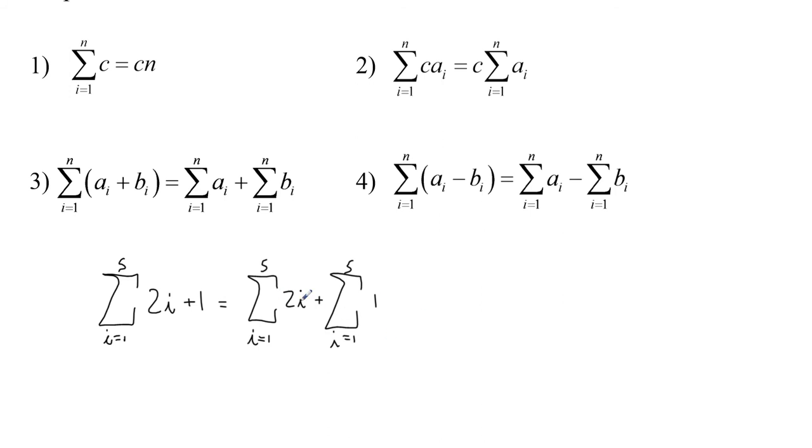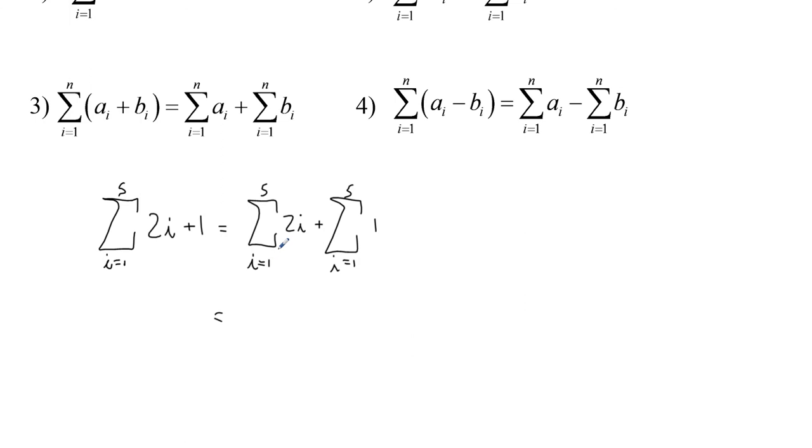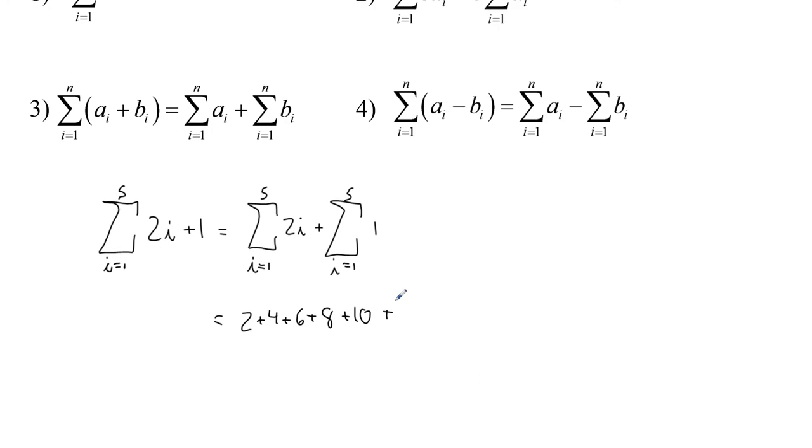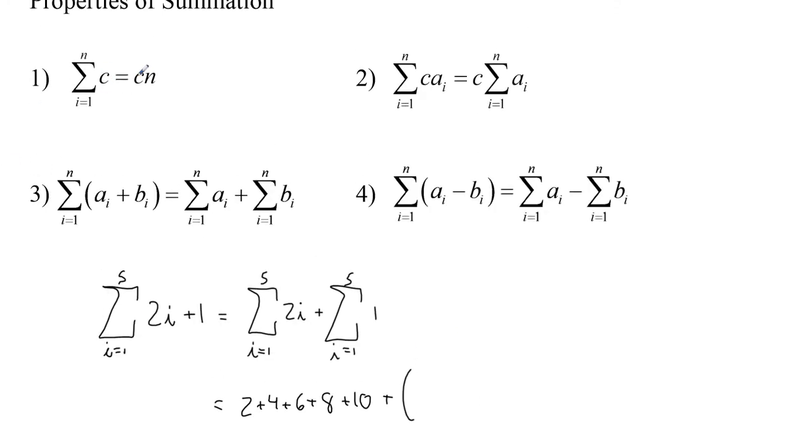All right. Now 2i, that thing is going to be, let's see here, if I plug in 1 to 5 for all of these values, I'll get 2 plus 4 plus 6 plus 8 plus 10. That's this first one. And then the second one, this first property, since 1 is a constant, I can just simplify that one and use, again, if you have a constant here, it's just that constant times the number, and that makes sense because I'd just be adding up 1 5 times.